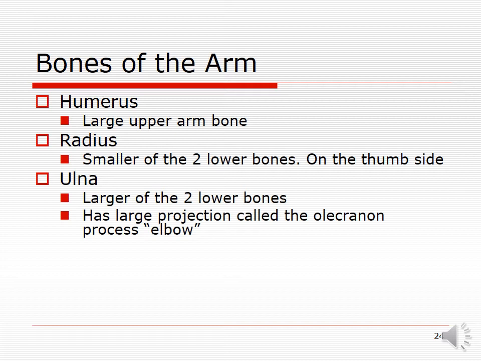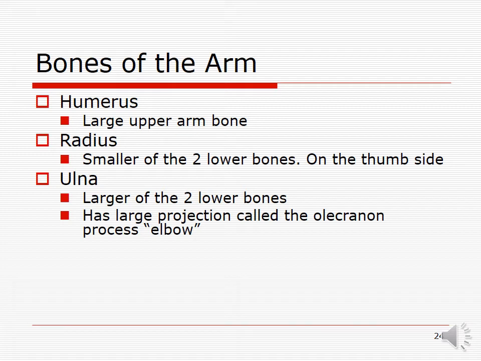And the radius, you can remember which side that goes to because you take a radial pulse, and the radial pulse is always thumb side. So that's the smaller of the 2 bones on the thumb side. The ulna would be the larger bone, and that would be pinky side. And also attached to the ulna, well, not attached, but the end of it is called a process.